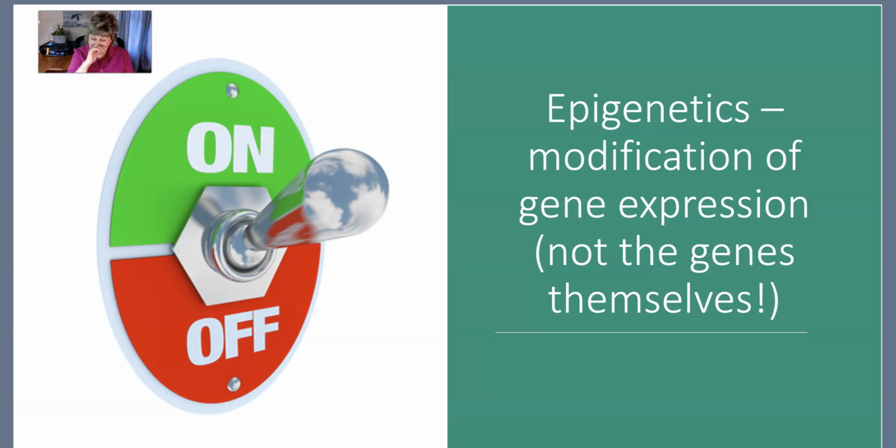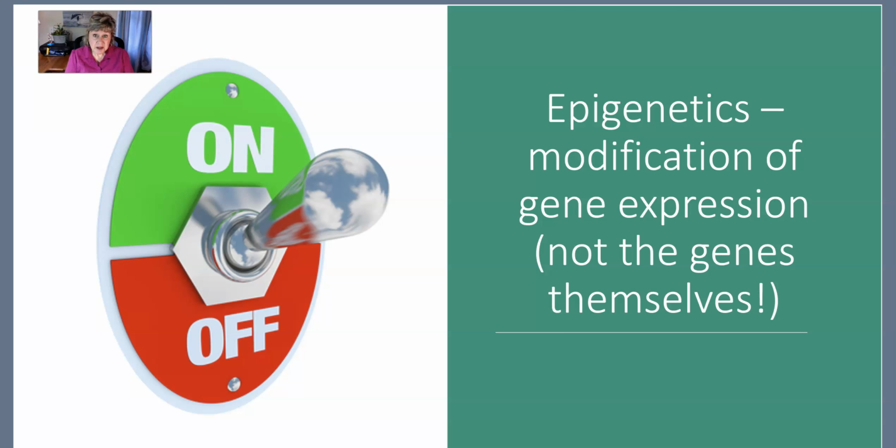Epigenetics, I want to mention this. If you think about your genes in this way, in almost all the cells in your body, you have the same DNA. You have all the DNA in a skin cell that you have in a heart muscle cell, that you have in a nerve cell, that you have in a brain cell, that you have in a liver cell. The DNA is the same.